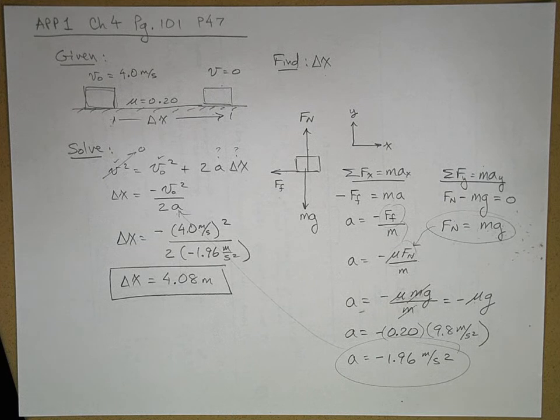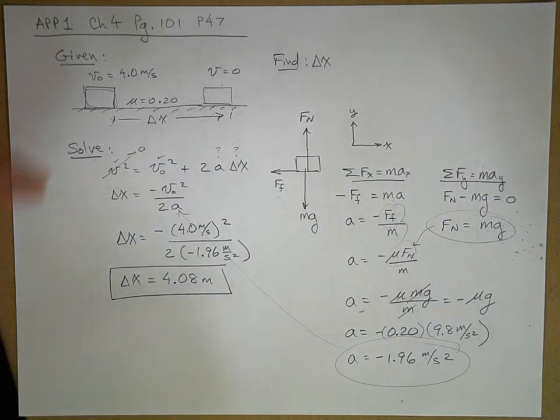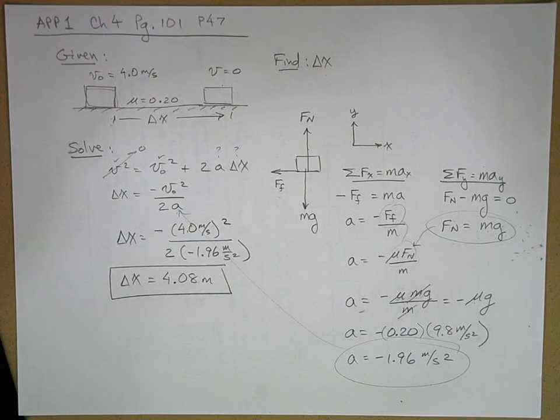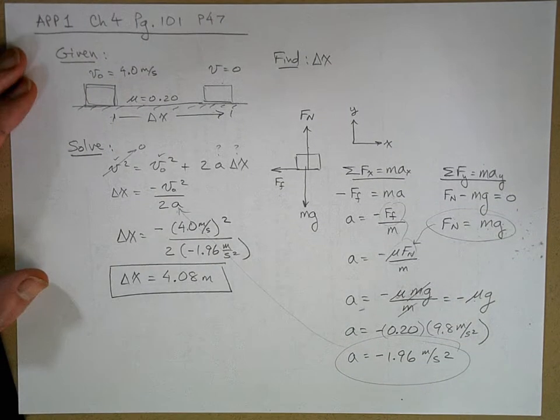This is problem 47, and it is indeed 4.1 meters. Yeah, I should have rounded it off a little bit more, maybe to 2 significant figures, because look, our numbers are given in 2 significant figures, so 4.1 would be a little bit more proper. 4.1 meters. Did it right.